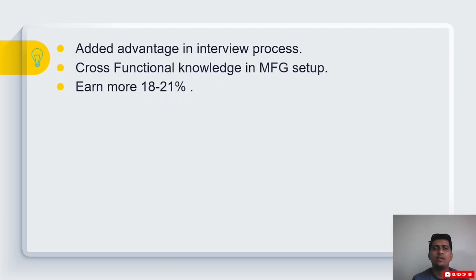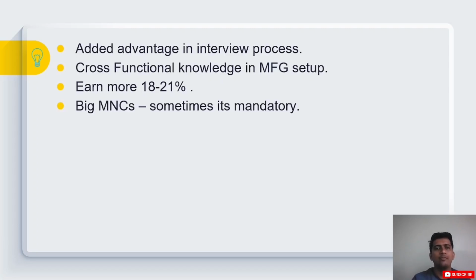So that's one reason. Secondly, as I discussed, you have in-depth knowledge about the supply chain, through which you add a lot of value to the company, and the company knows about it, and that's why you get paid more compared to other candidates.